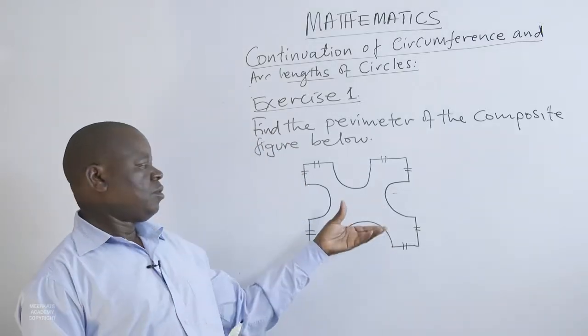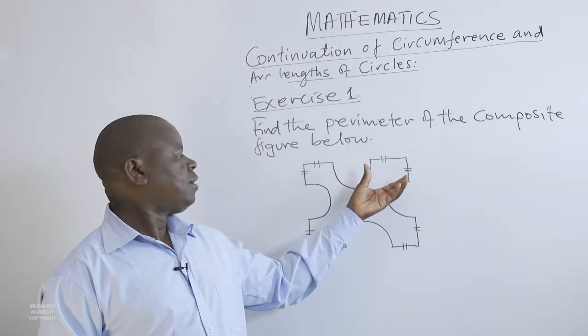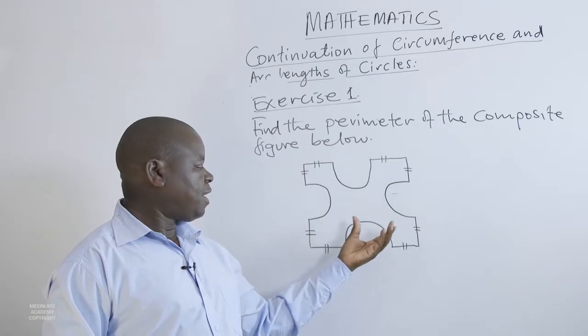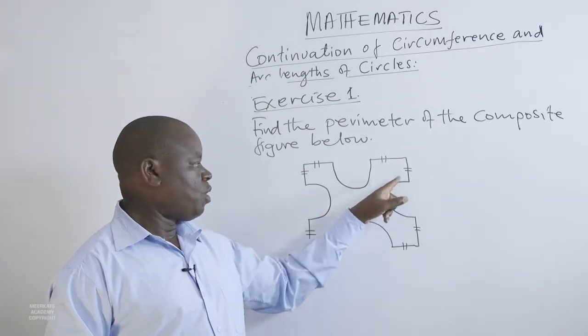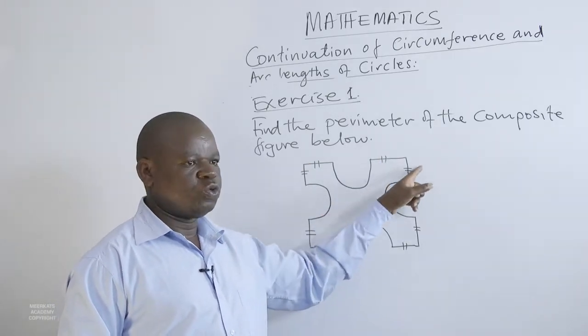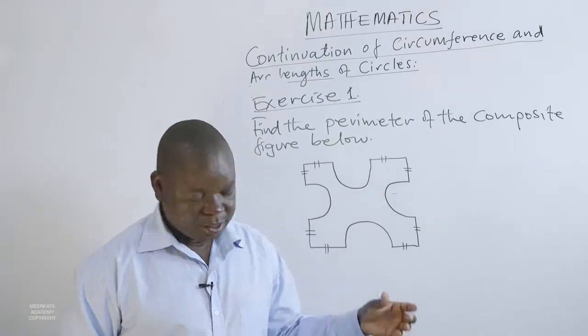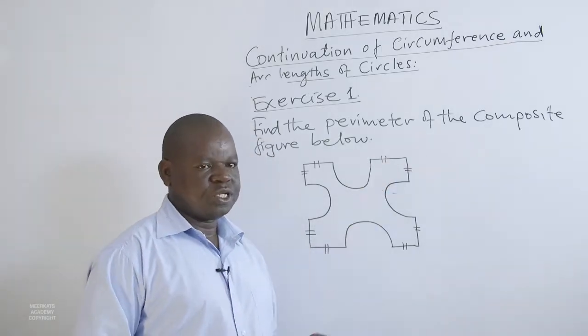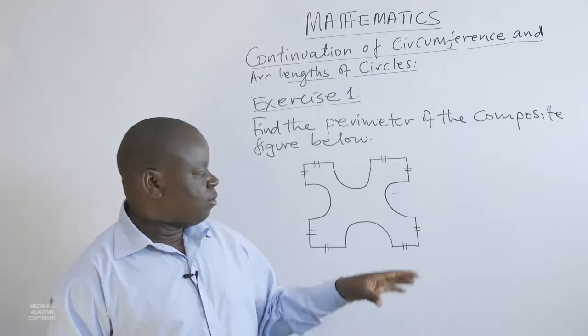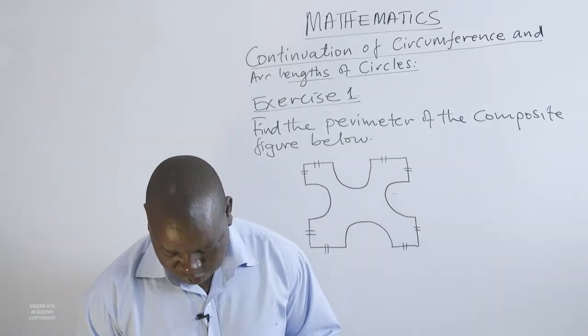Meaning that the straight edges that are included in the figure are equal. Remember these mathematical symbols, what we said they mean yesterday is that if we have such a mathematical symbol, it means that the edges are equal.